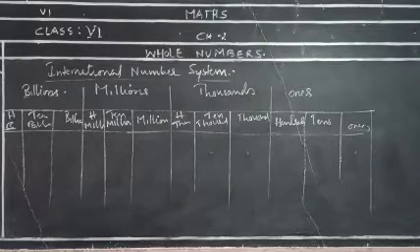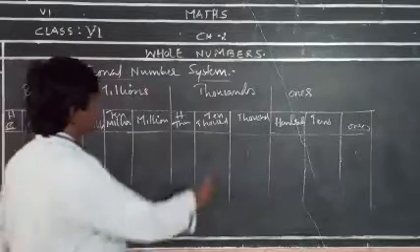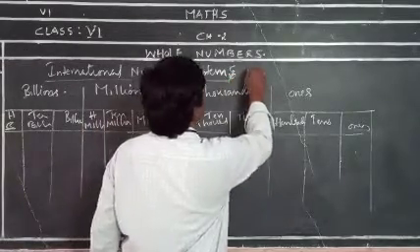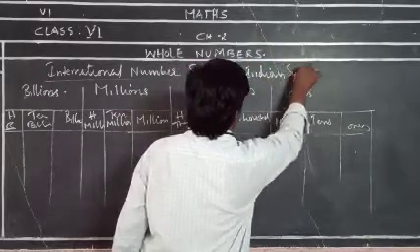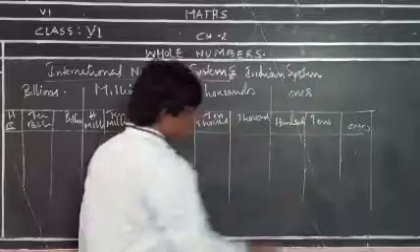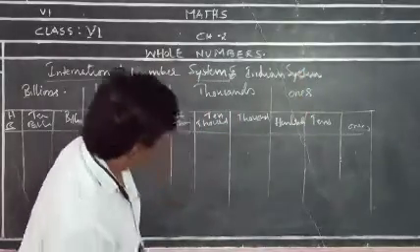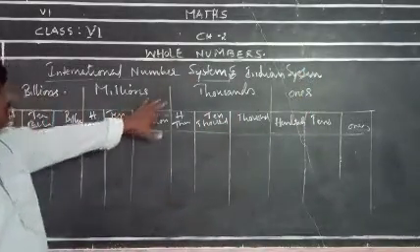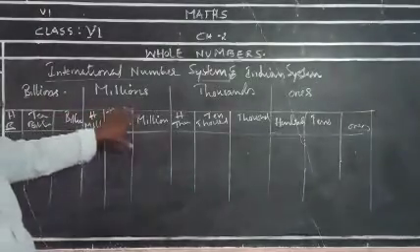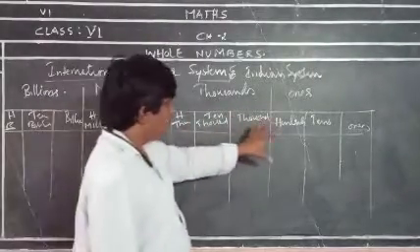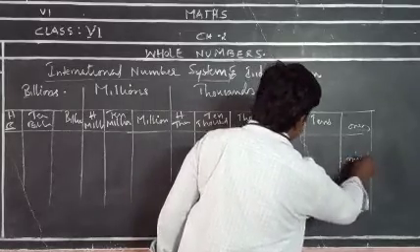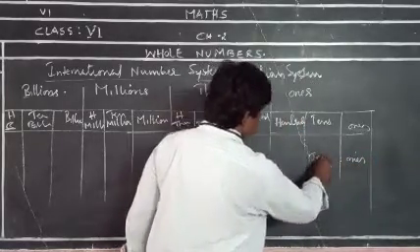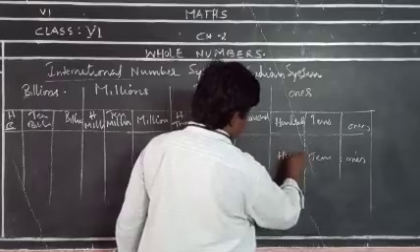Now let us learn the relation between the international system and the Indian system. In the international system, these are the houses. In the Indian system, we have these houses. In the ones house, it is directly ones only, the tens place is tens only, and hundreds again hundreds only.